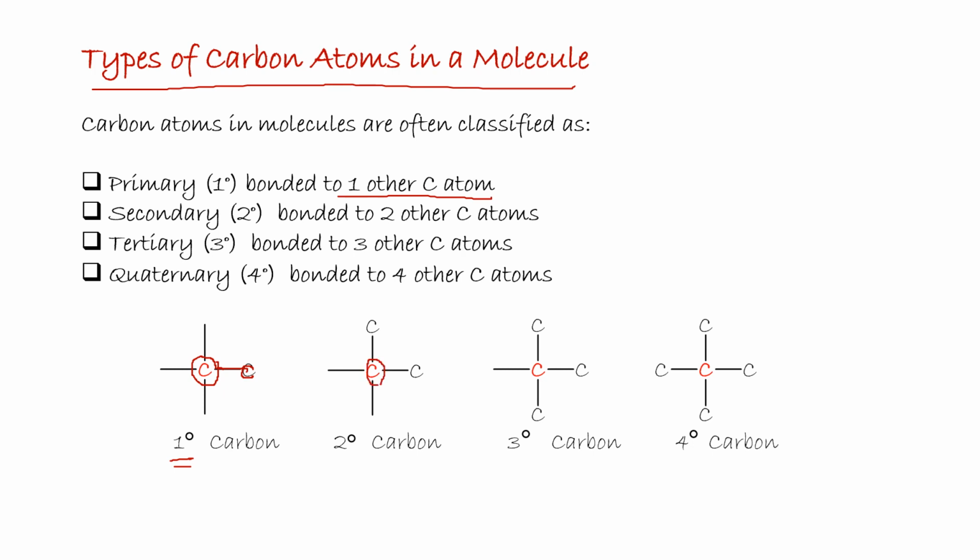In this case, this carbon is connected to 2 carbons, so it is a secondary carbon. Here, connected to 3 carbons, so it is a tertiary carbon. Here it is connected to 4. This is a quaternary carbon.